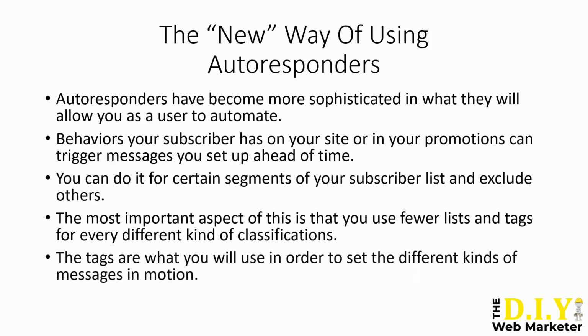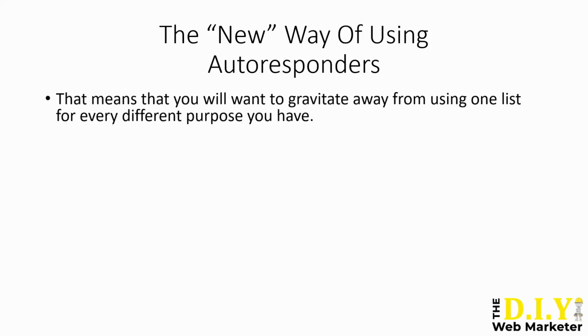The tags are what you need to use in order to set the different kinds of messages in motion. So don't think of this as having lots of different lists and you're going to take this list and email them for this purpose. That's the old way. The new way is to make sure that you have the person tagged correctly inside of your autoresponder. You need to gravitate away from using one list for every kind of purpose.